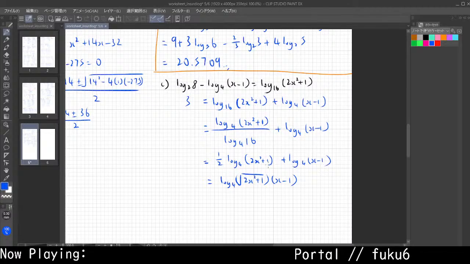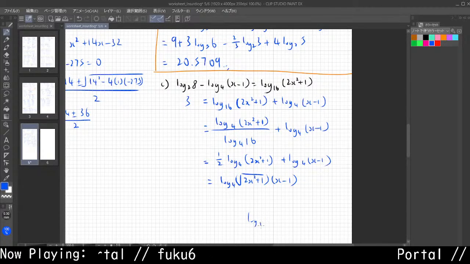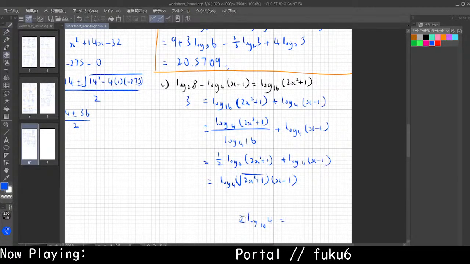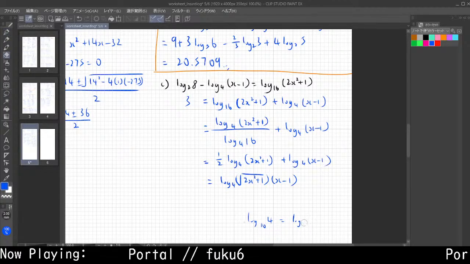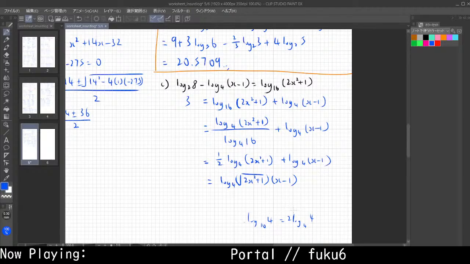If I instantly introduce this to become base 16 power 4, it can be written as log base 4 with 2, and 1 over 2 at the bottom.